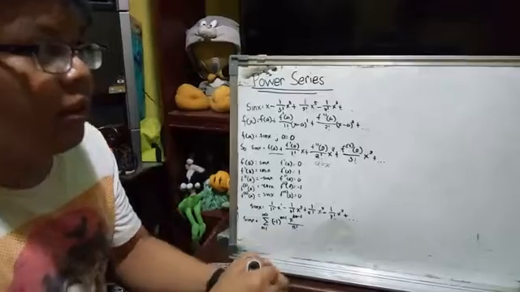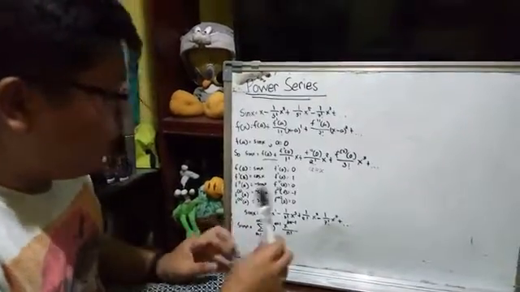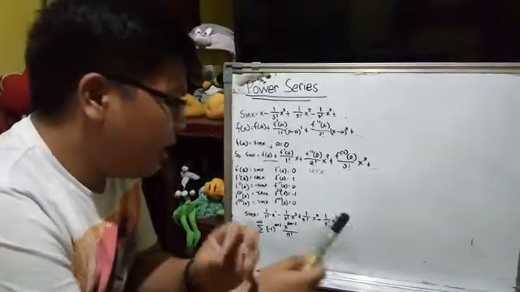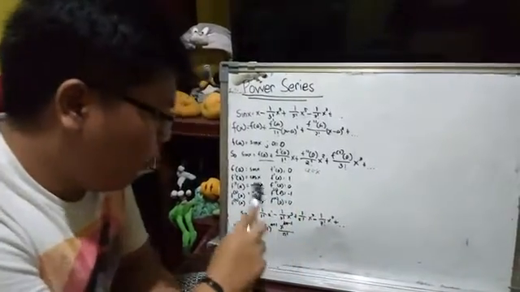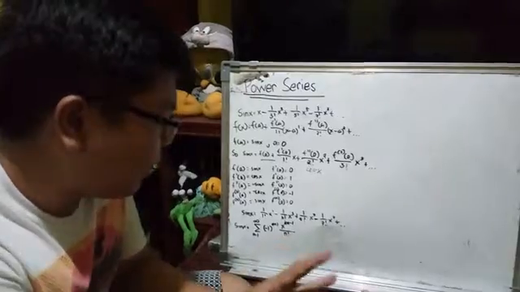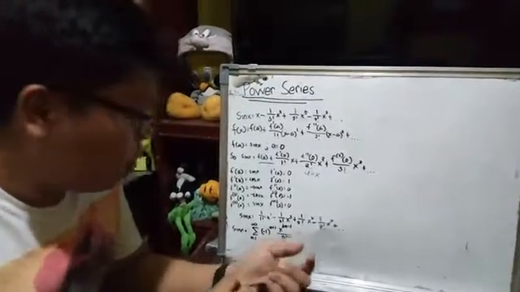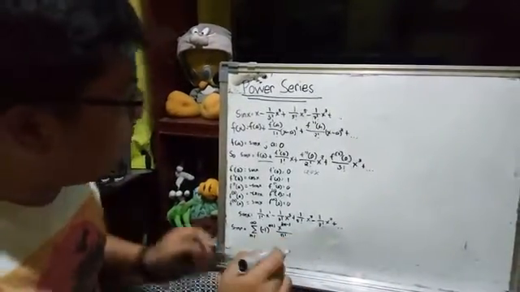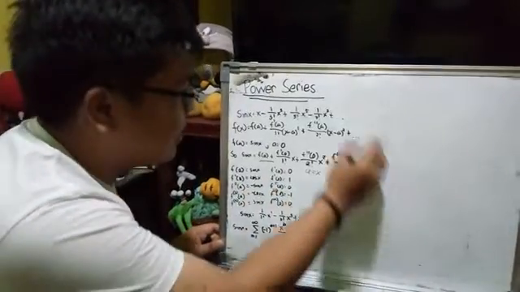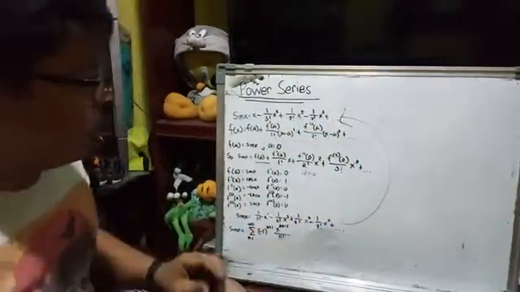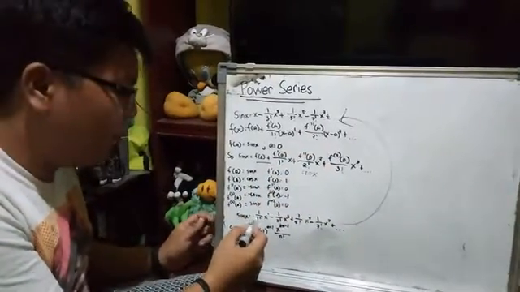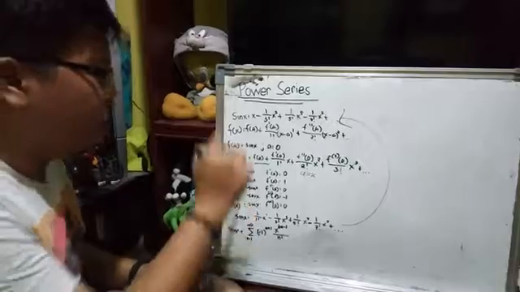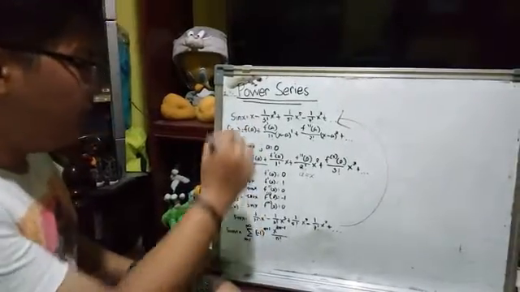As you can notice, the exponents are odd numbers: 1, 3, 5, 7, and so on. It is just the same here: 1 over 1 factorial is just 1, times x raised to 1 is x.